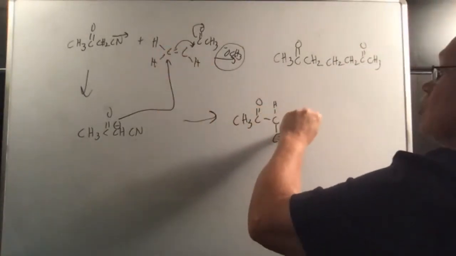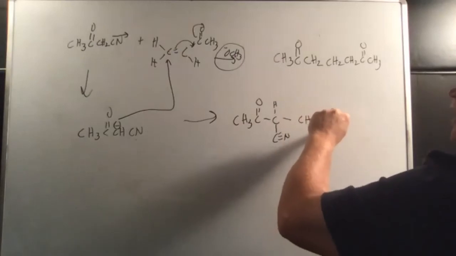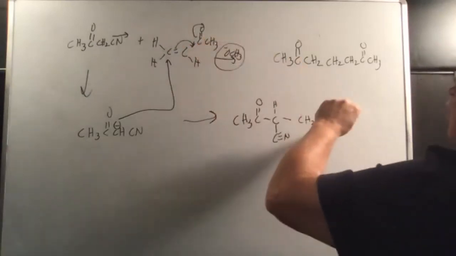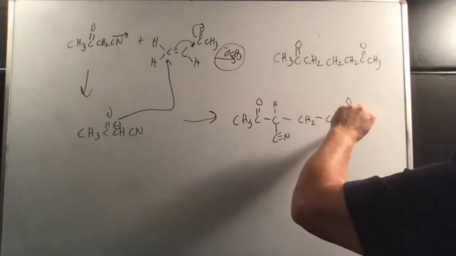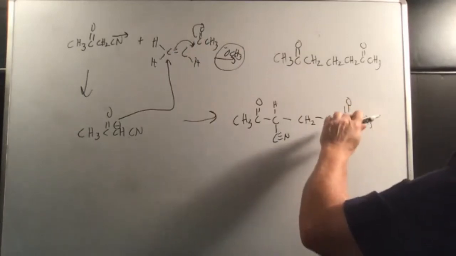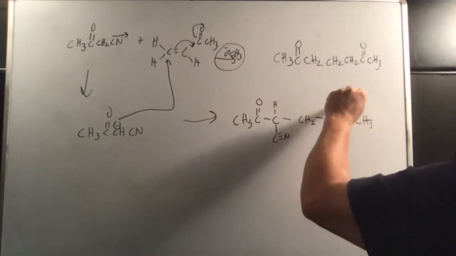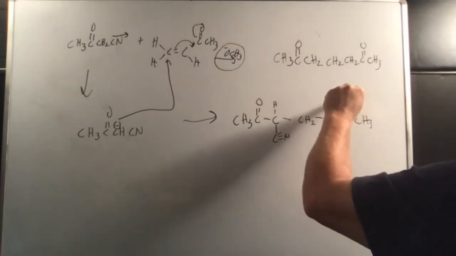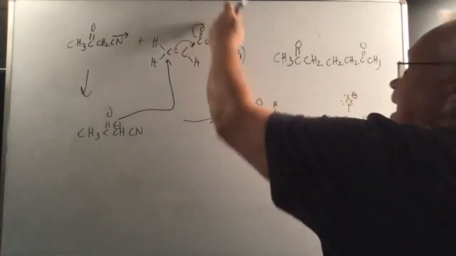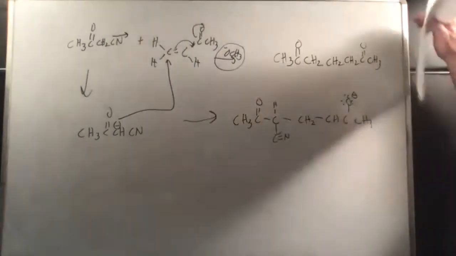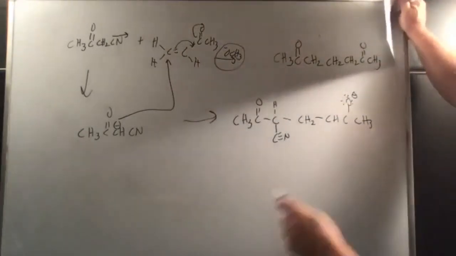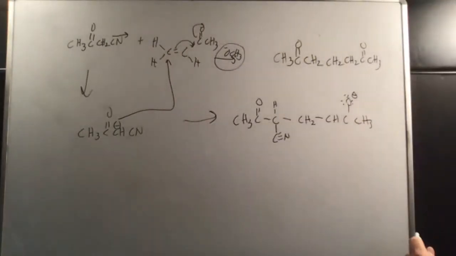A CH2 hooked to a CH, just following along, hooked to a C double bond O, CH3. Now this C double bond O is no longer a C double bond O because remember we kicked that pair of electrons up. Okay, so notice now I have this structure.